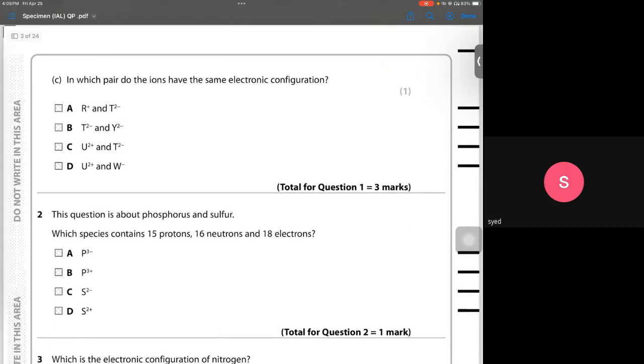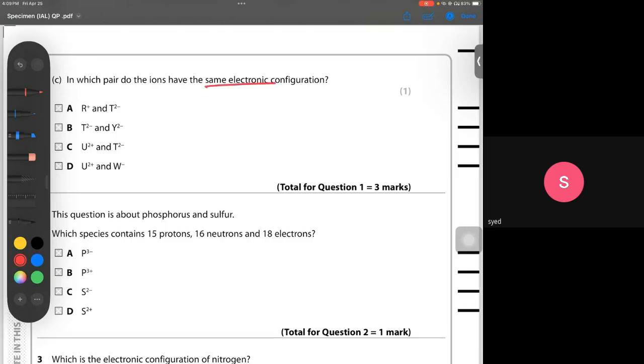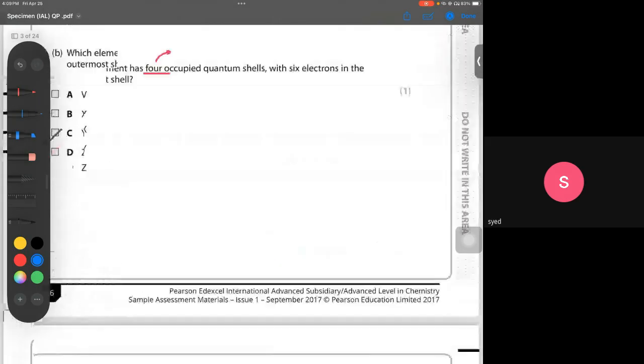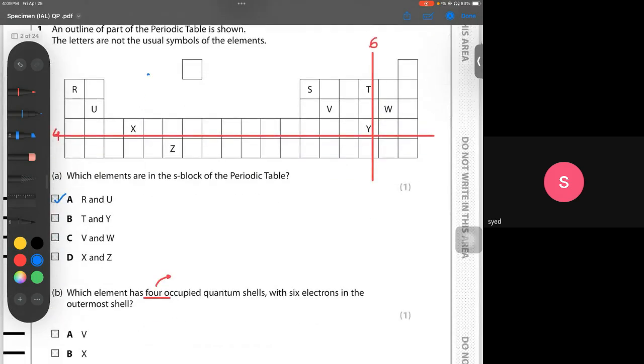Now see this, in which pair do the ions have the same electronic configuration? Same electronic configuration means that they would be having the same number of electrons. So which is supposed to have the same number of electrons? This is the periodic table.